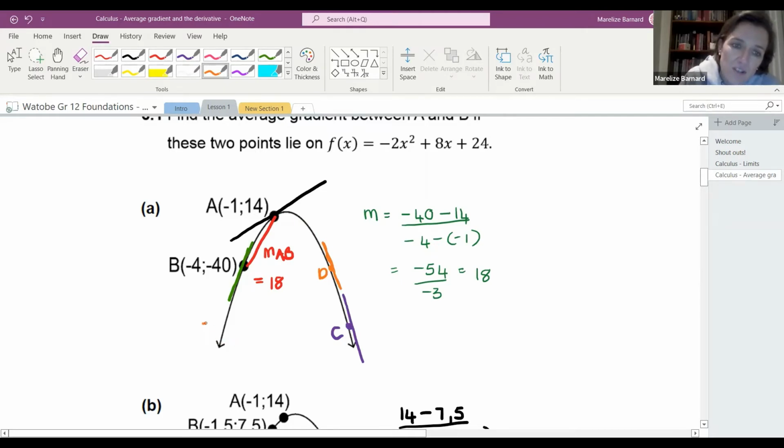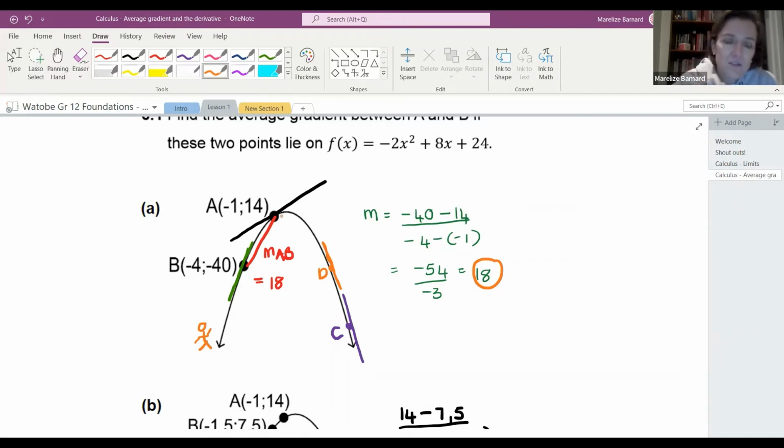If I imagine walking up this curve, each time I move, the gradient is going to change. It is never going to stay consistent to this 18 that we calculated. That's why we say it's an average gradient between 2 points. It is not the instantaneous gradient.